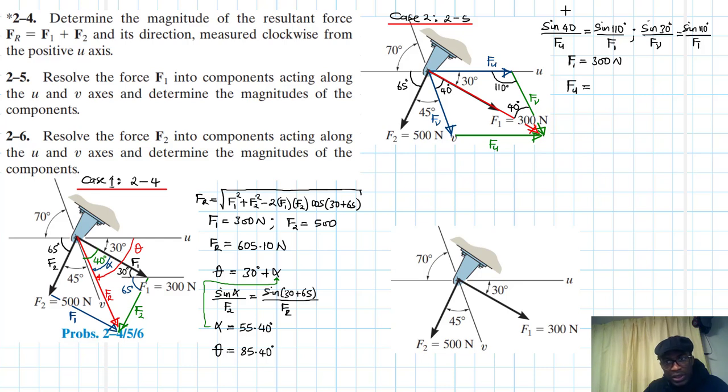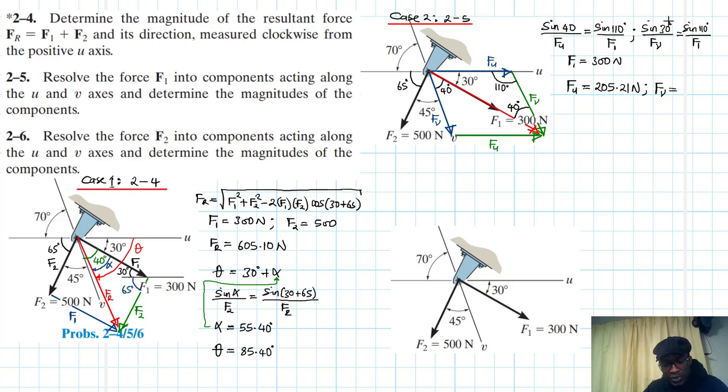What is F1? 300 sine 40 divided by sine 110. Alright, so Fu is just going to be equal to 205.21 newtons.